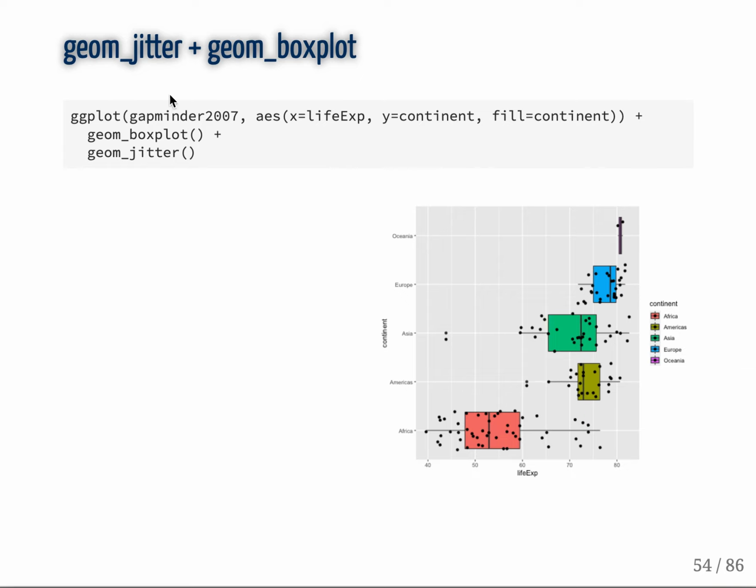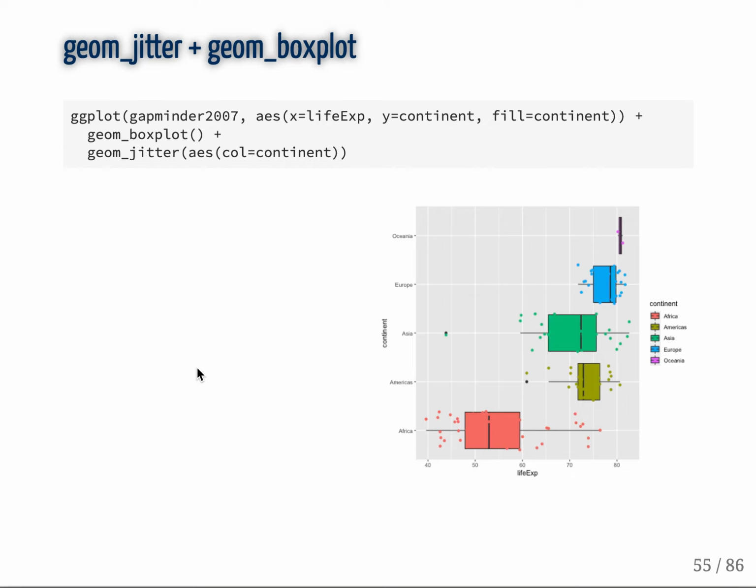Next, fill the interior of the box plot by mapping continent to the aesthetic fill option. Here I passed aesthetic color equals continent inside the jitter layer to color the points according to their associated continent.